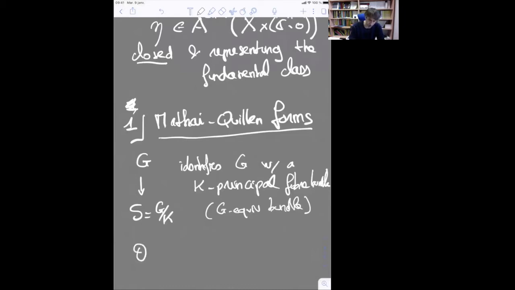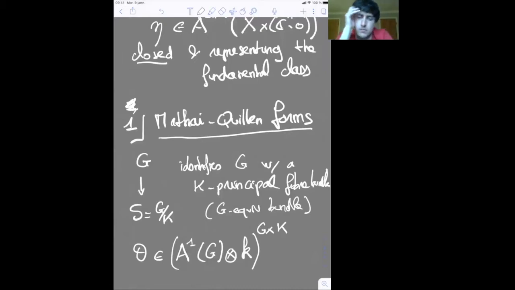So a connection form is a one form on the total space, so here this is G, with values in the tangent space to the fibers, which is the Lie algebra of K. And I want this to be invariant under the action of G on the G side and the action of K by the adjoint representation on the Lie algebra.